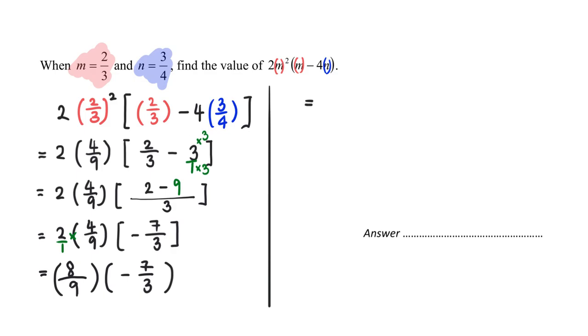This one is positive and negative, so the final answer will be a negative answer. 56 over 9 times 3, 27, and it will be good to show your final answer as a mixed number. This will be equal to negative 2 over 27.